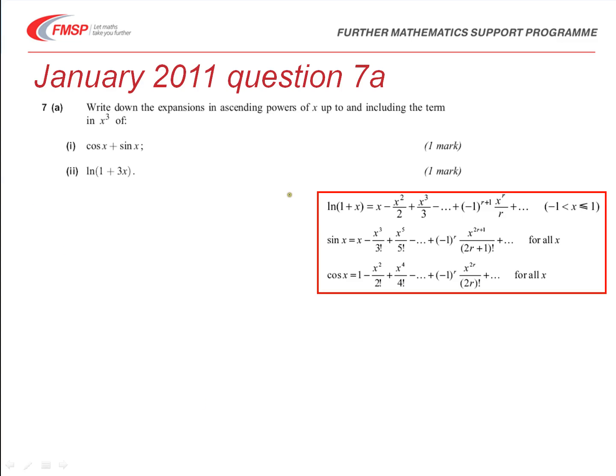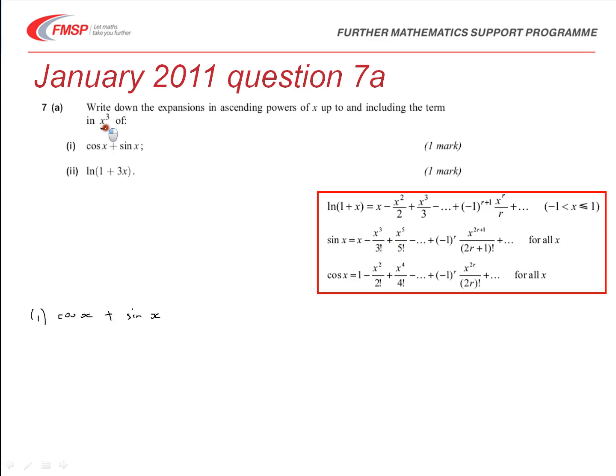So the first part of the question is fairly straightforward. These are the definitions given in the formula booklet, and so we can apply those to our parts of this question. So we've got cos x plus sin x. We have cos x as 1 minus x squared over 2 factorial plus x to the 4 over 4 factorial. Sin x as x minus x cubed over 3 factorial plus x to the 5 over 5 factorial.